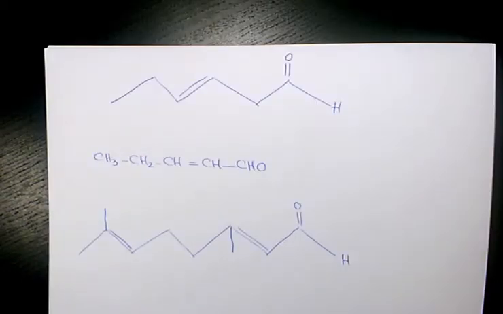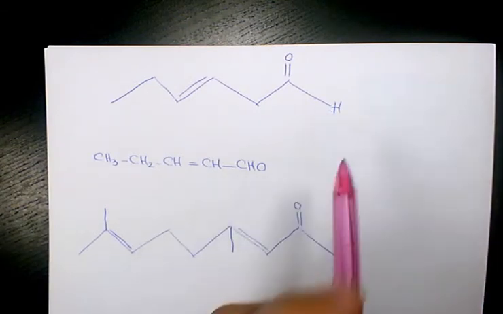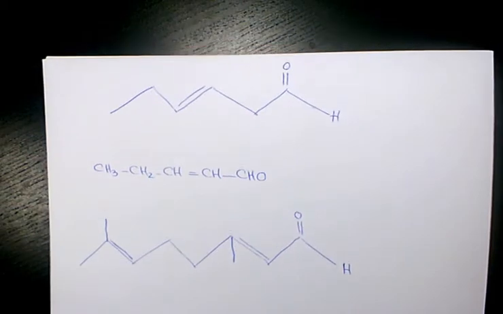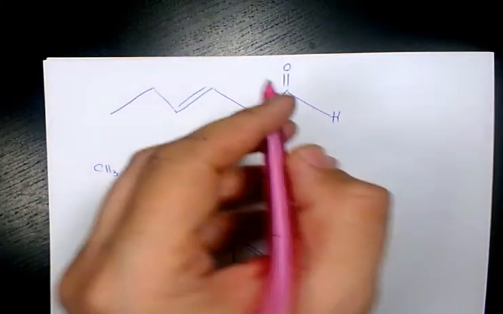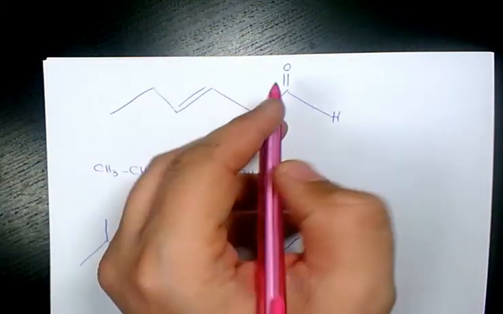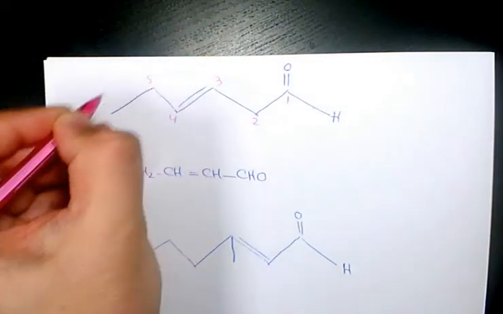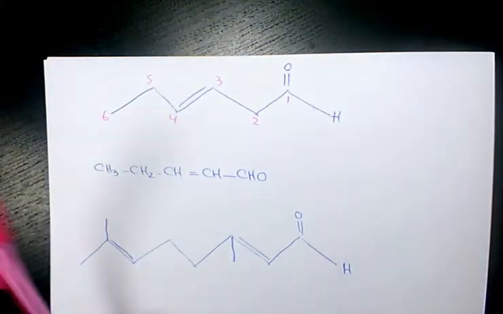Now let's see what's going to happen when we have a double bond in these chemicals. As you see here, for all these 3 molecules we have an aldehyde group. So we start numbering from this side. So we have 1, 2, 3, 4, 5, and 6.